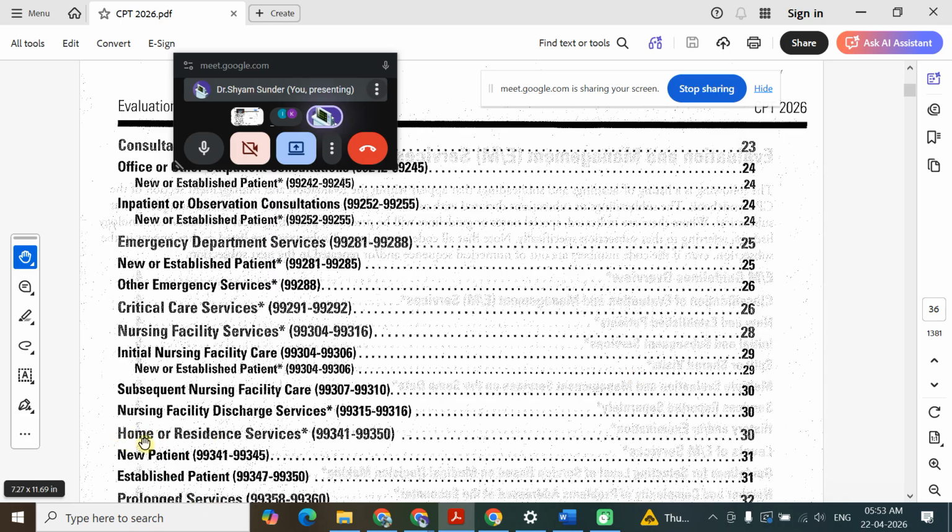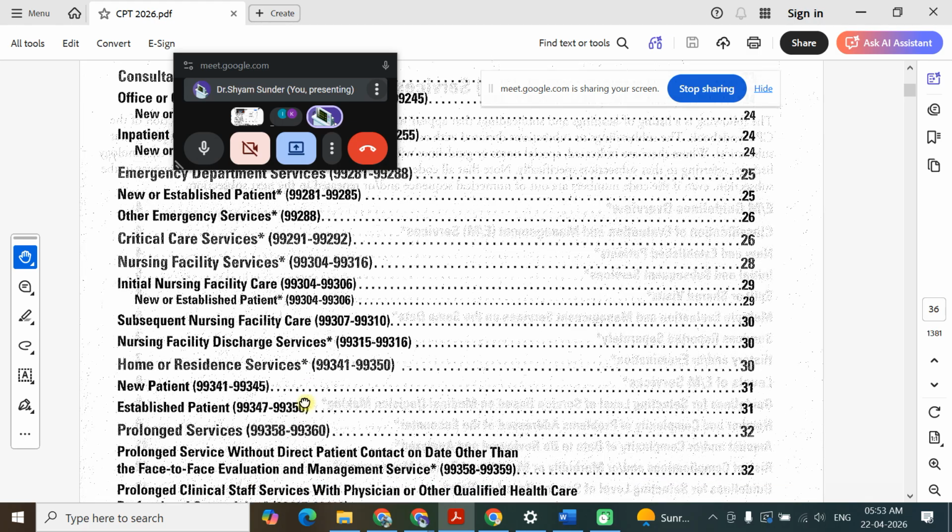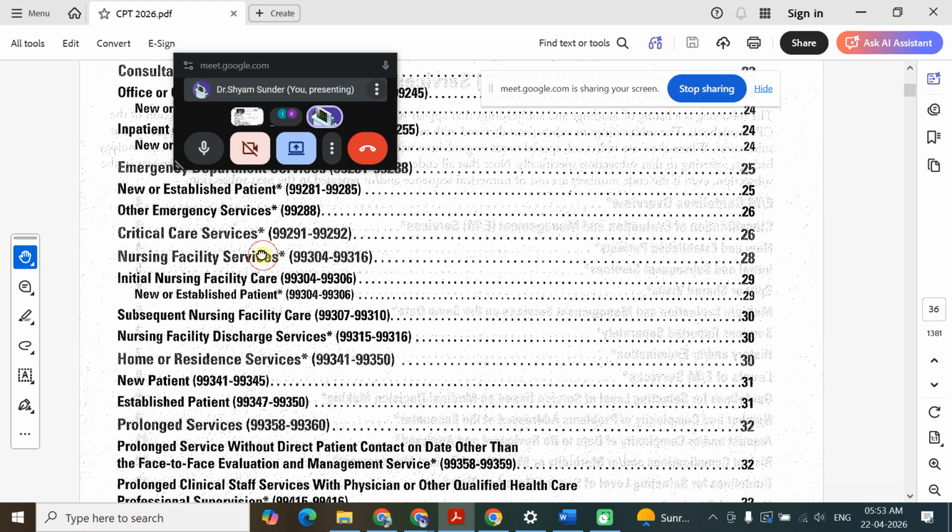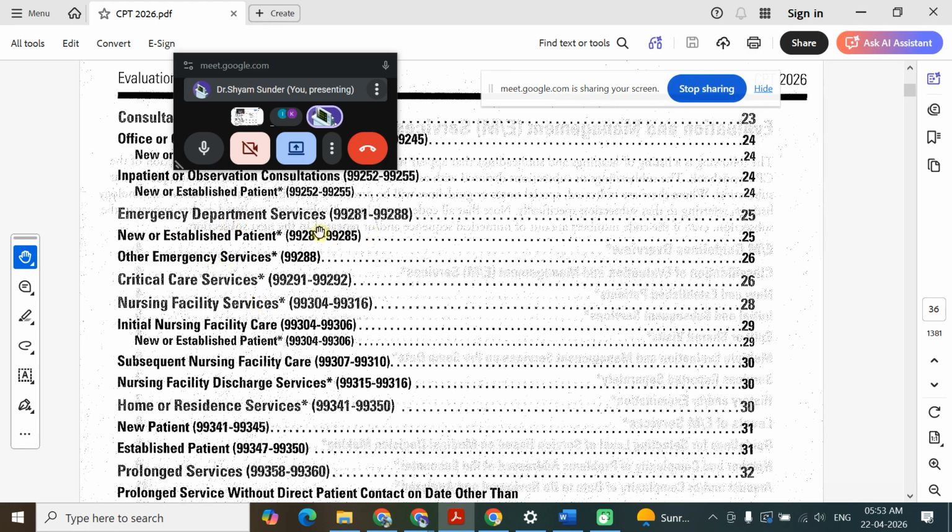For example, where the patient is at home and the physician is visiting the home, the codes are, if it is a new patient, 99341 to 99345. If it is an established patient, 99347 to 99350. But in the case of emergency department, there is no difference whether new or established, the same codes.